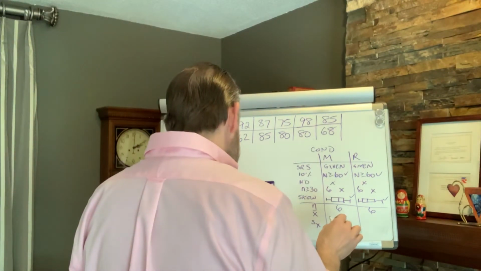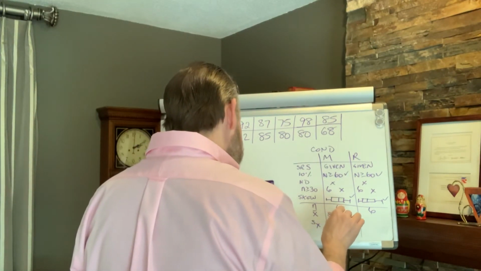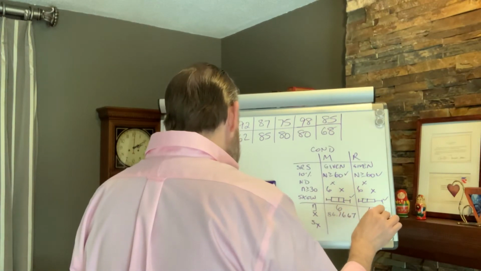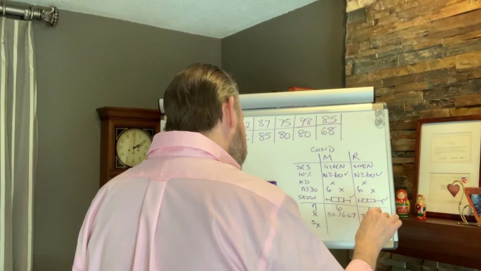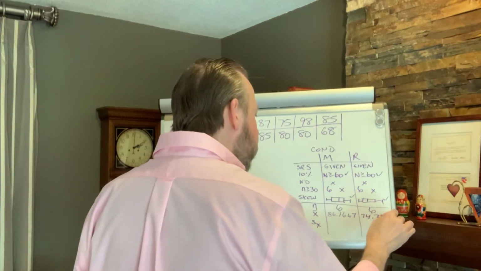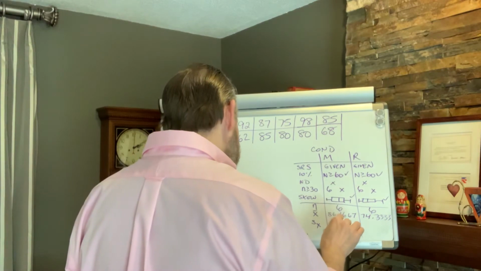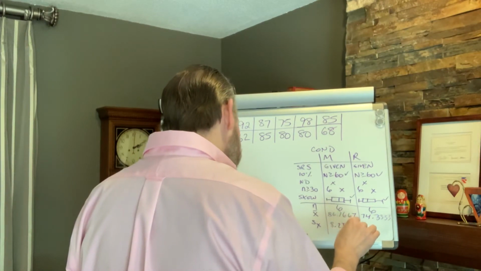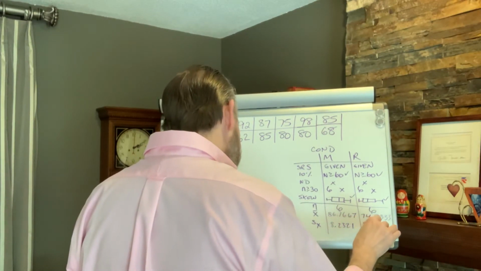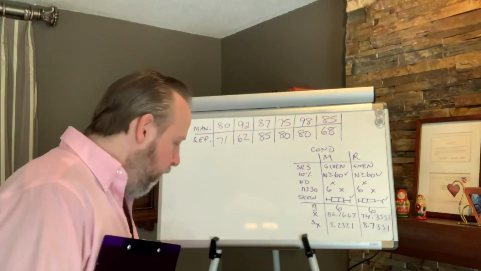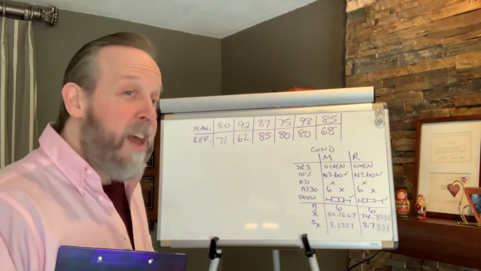So the managers had a mean of 86.1667, and the reps were 74.3333. Standard deviations were 8.2321 and 8.7331.